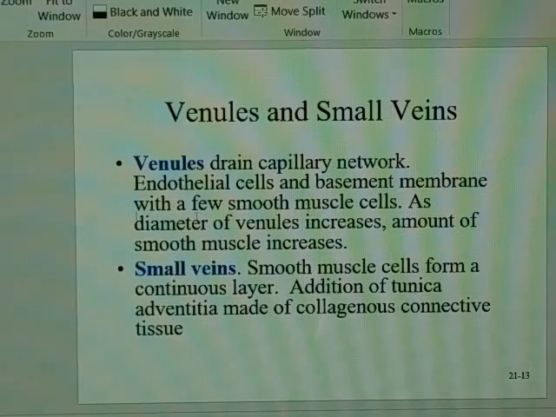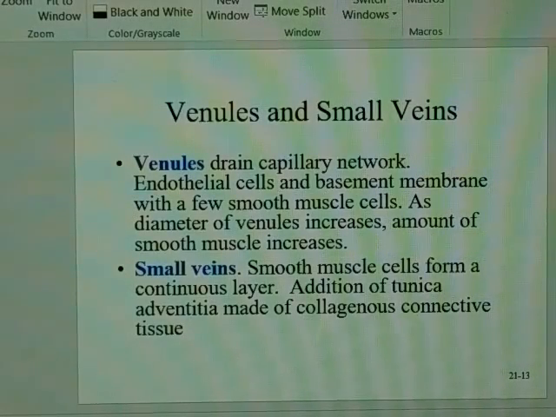From the venules, we'll move into small veins. And in the small veins, the tunics begin to get thinner, because we saw very clearly in the previous picture that the arteries have a nice huge diameter, but the veins can begin to collapse.